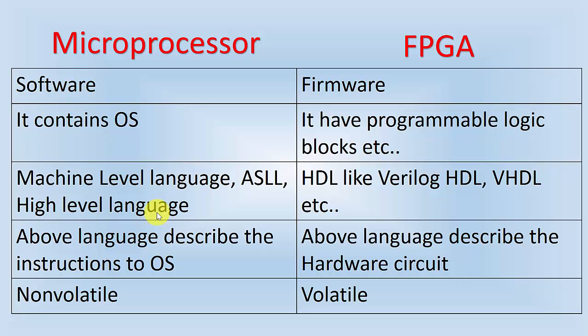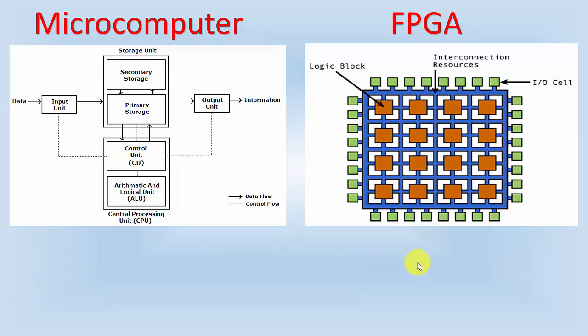But here, we describe the hardware which will perform our task. A microprocessor is a non-volatile device, and an FPGA is a volatile device. But if you want to store the program, you can store it in the flash memories which are available with FPGAs nowadays.